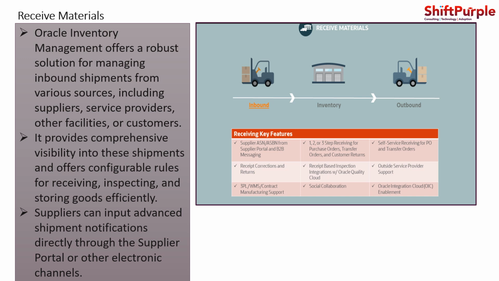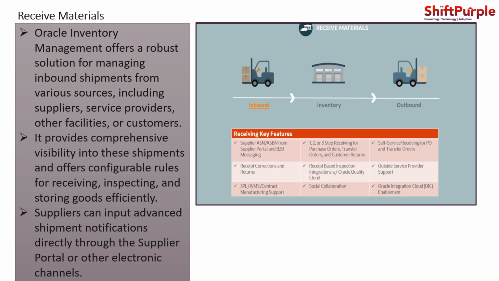This is the inbound shipment, and outbound shipment is something which we send out from the inventory. Oracle Inventory Management offers a robust solution for managing inbound shipments from various sources, including suppliers, service providers, or other facilities, or even customers, that is, RMA.